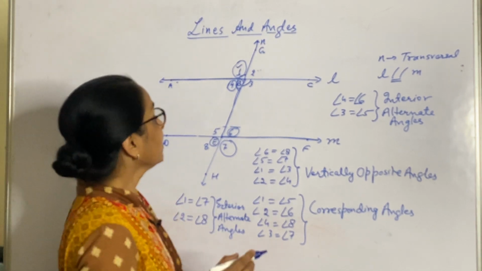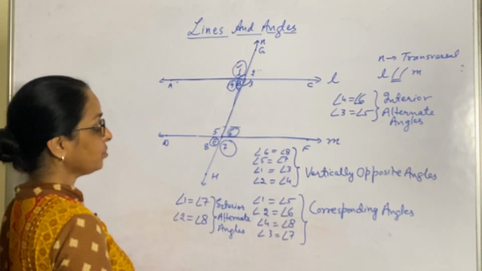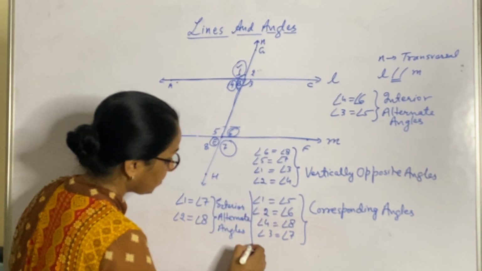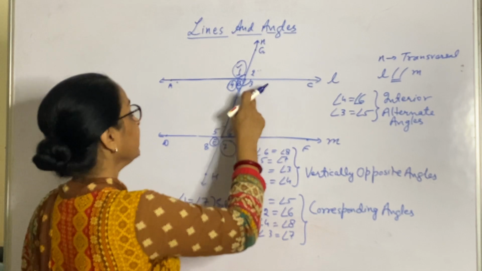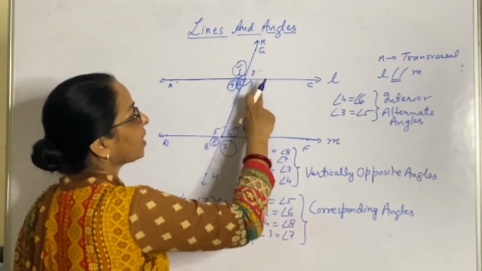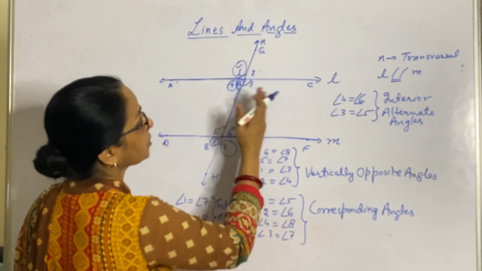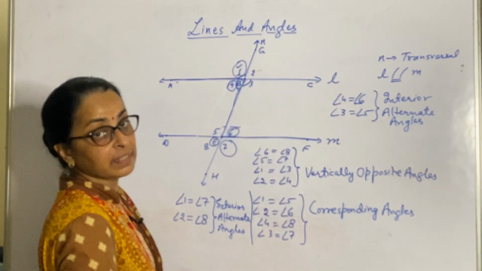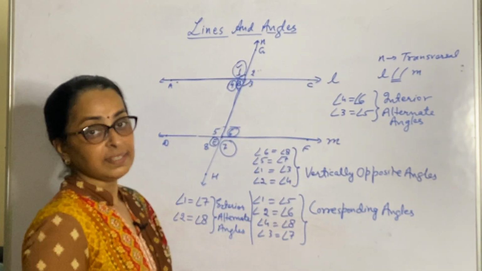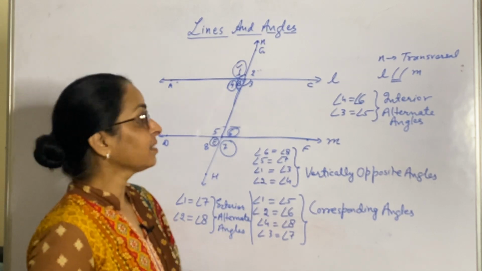Okay? Now we have one more thing. See, angle 3 and angle 6. They both are on the same side of the transversal and they are inside these two parallel lines. So they are called co-interior angles.